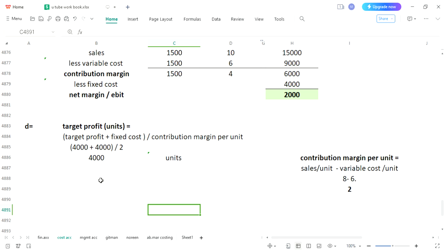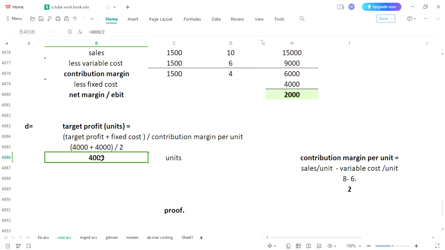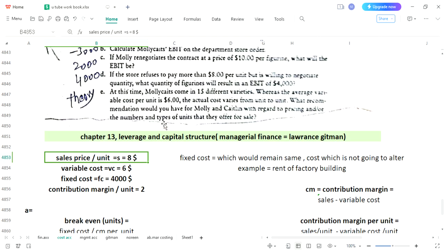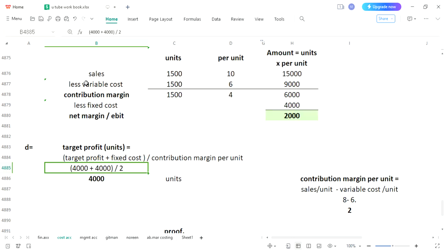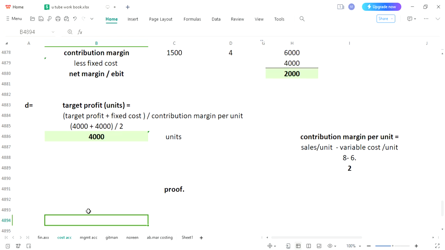Okay, here you will prove it by manufacturing 4,000 number of units. This is your answer, 4,000, and let's see the answer. Over here you can see the D part answer is 4,000 and our answer is also 4,000, so the D part answer has been completed. But what we are going to do, it is not compulsory to prove it as it has not been mentioned in the question. Just for your learning, I'm doing it.